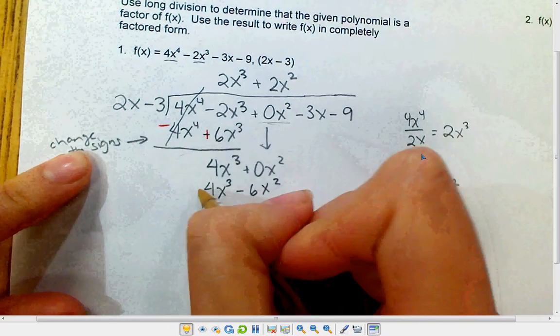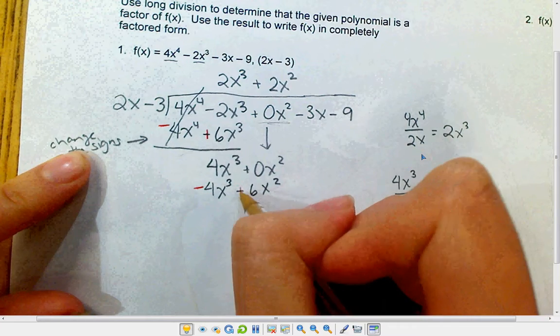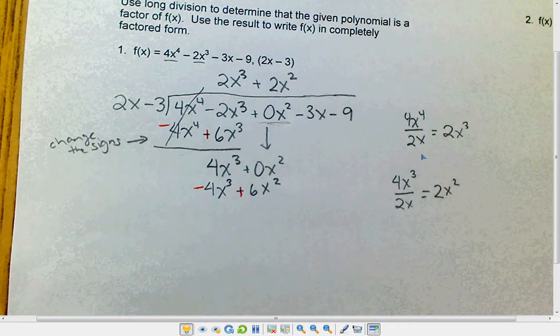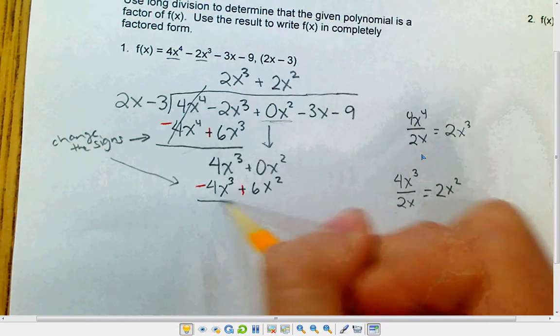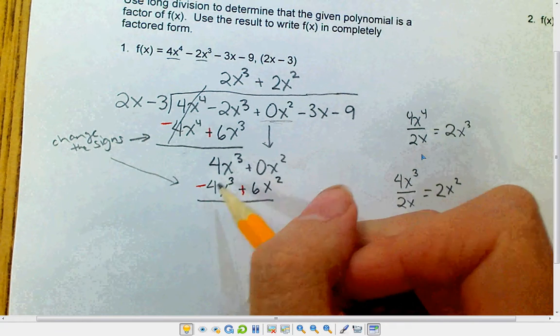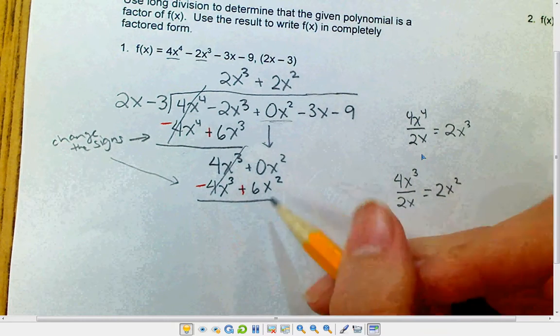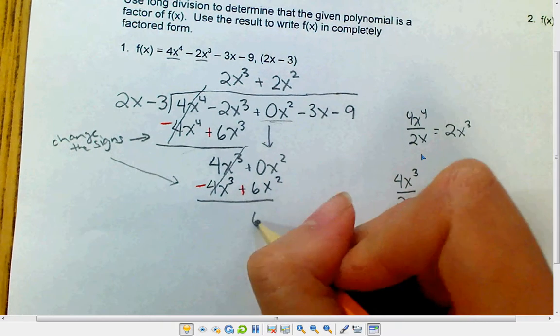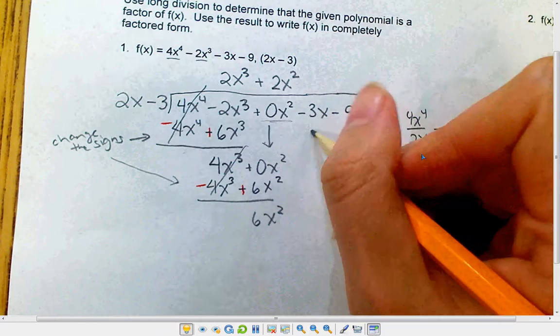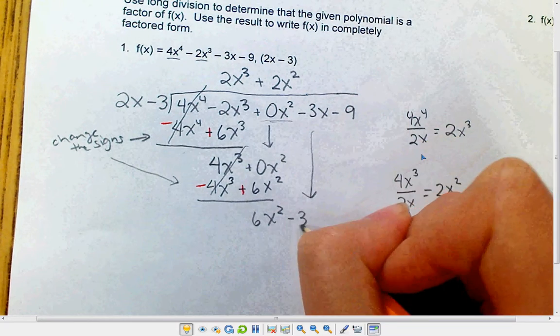I'm going to make this one negative, make this one positive, so that I can add them together. 4x to the third minus 4x to the third cancels out, gives me 0. 0x squared plus 6x squared gives me 6x squared. And now I'm going to bring down my next term, which is negative 3x.